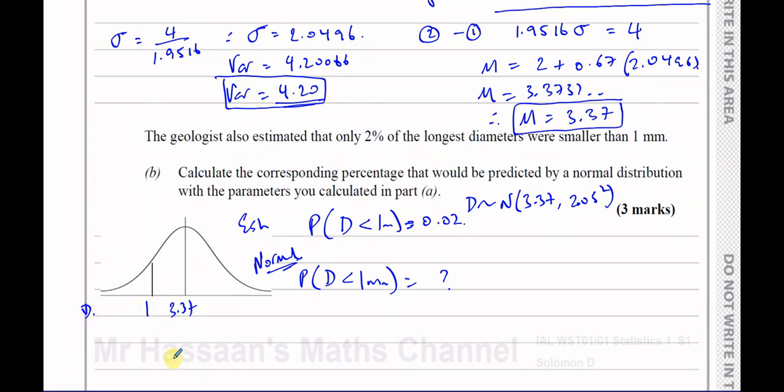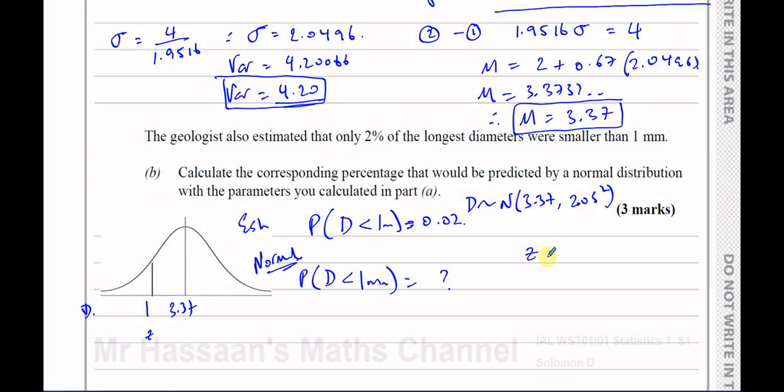So what we've got to do now is find out what the Z value is, and then work out what this area is according to our normal curve. We've got to standardize this one.